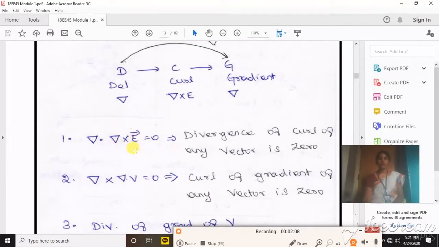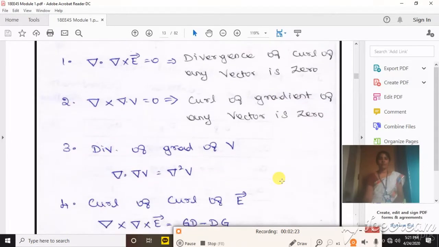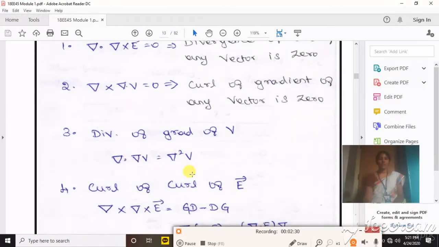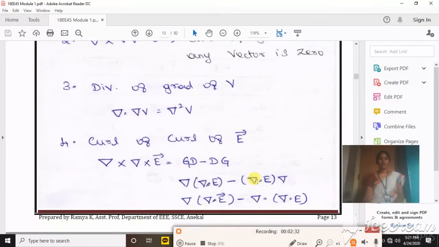So the curl of divergence of any vector will be equal to 0, or the divergence of curl of any vector is equal to 0. It is a property. Therefore the divergence of grad V can be written as divergence of divergence V, which is del square V. Curl of curl E is another vector identity.